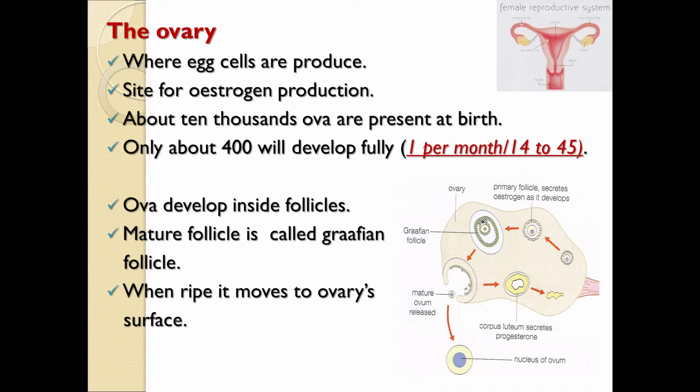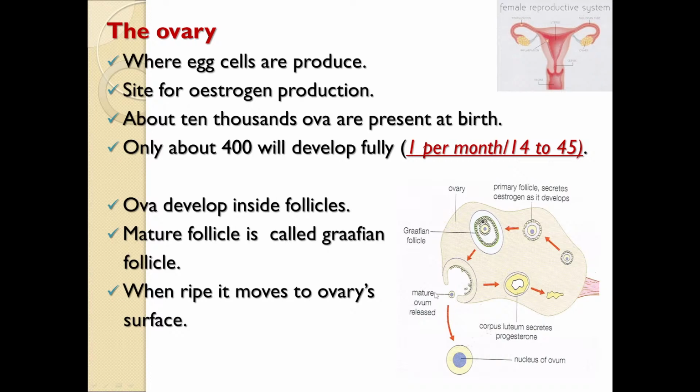So the ova is also known as the egg. Ova develop inside a section known as the follicles. The mature follicle is called the Graafian follicle. Once the egg is ripe, that's when it normally releases. When ripe, it moves to the ovary's surface, and looking at the diagram, that's what it is showing.